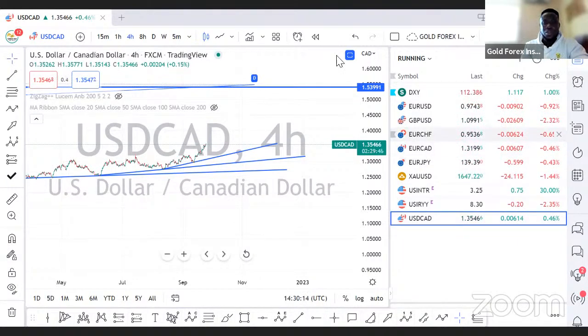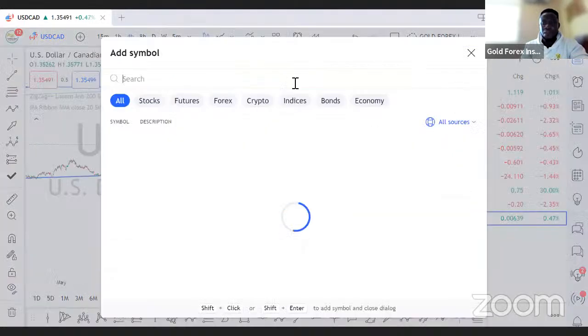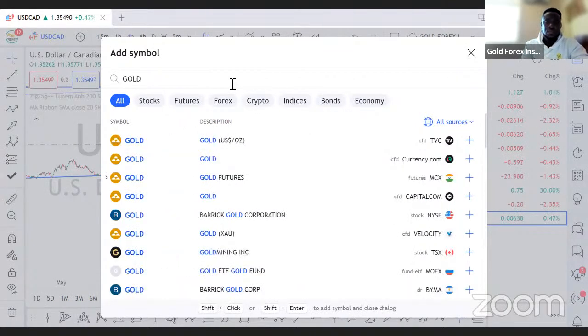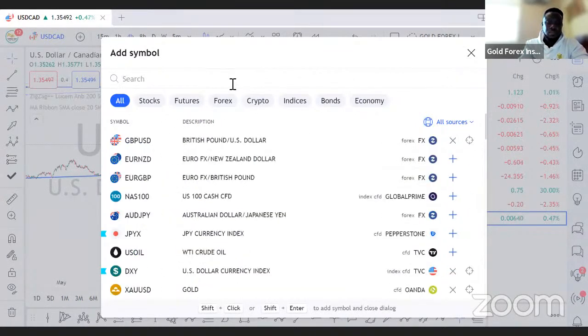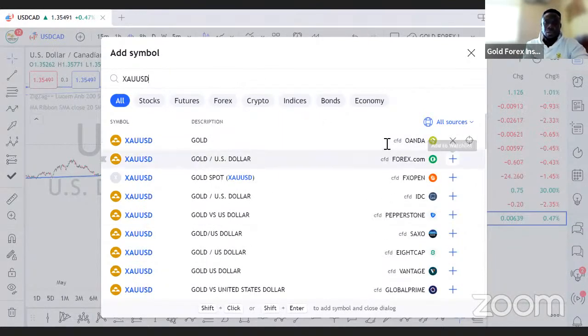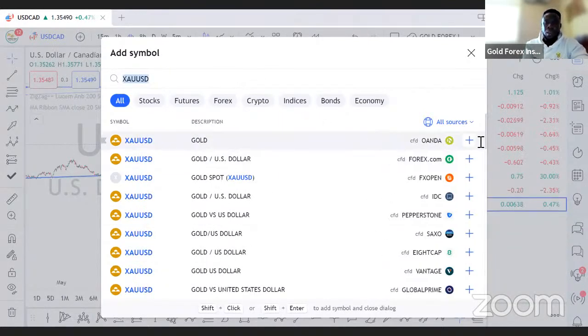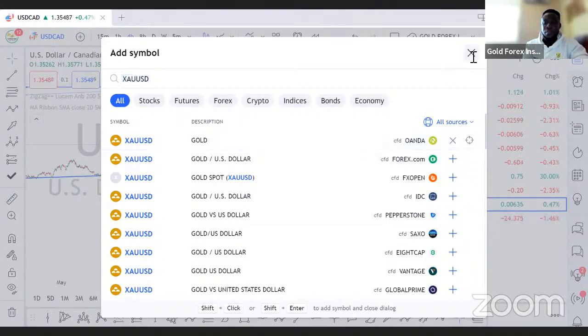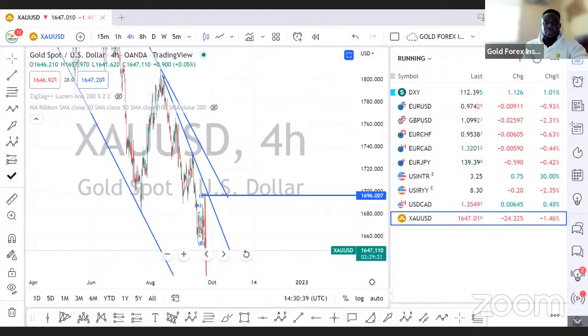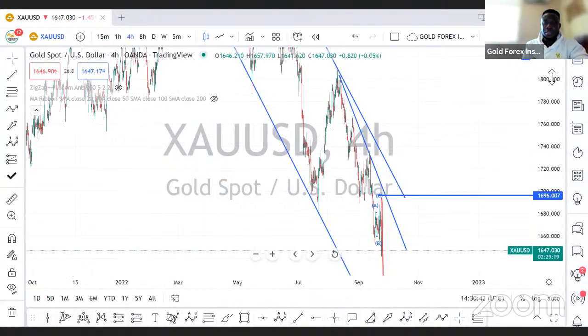Now, let me show you something about gold. Why I said gold is going to sell for a very long time. So I'm still selling gold.